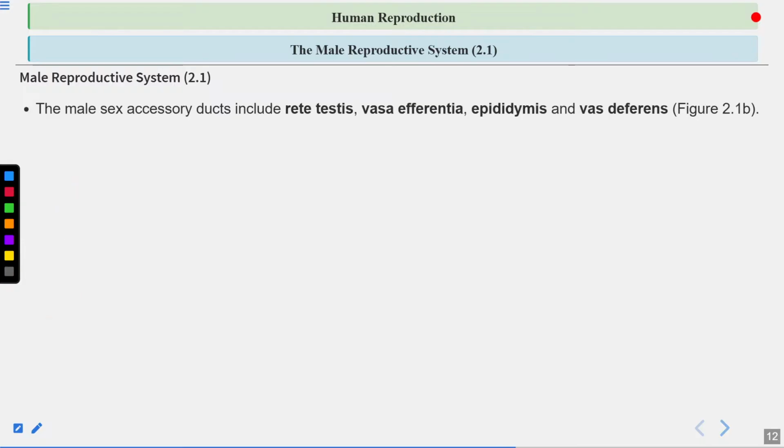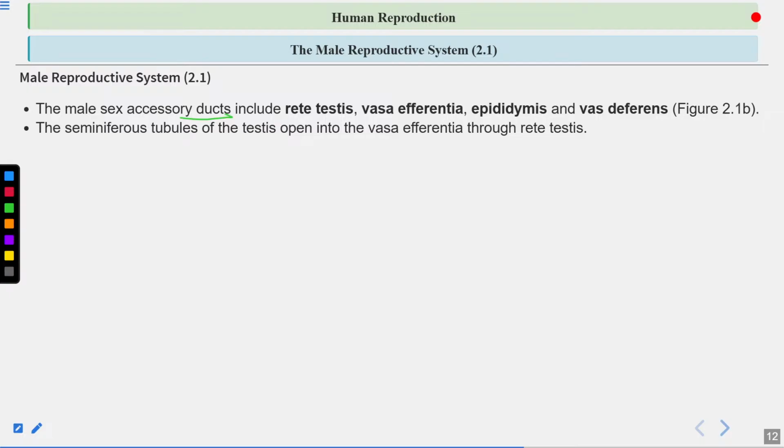Now, let's talk about the male accessory ducts. So these include rete testis, vasa efferentia, epididymis, and vas deferens. Let's talk about the function of all of these. These accessory ducts help in the storage, maturation, and transport of the sperms.